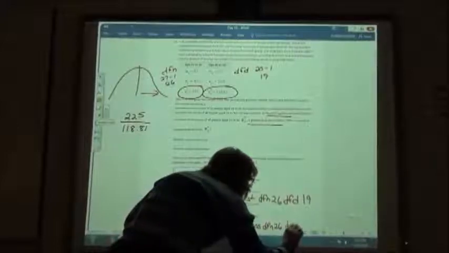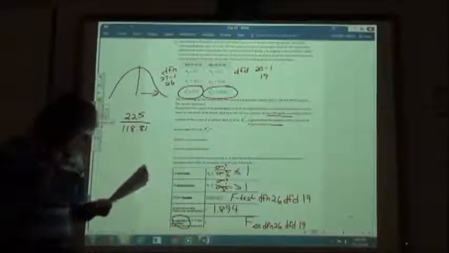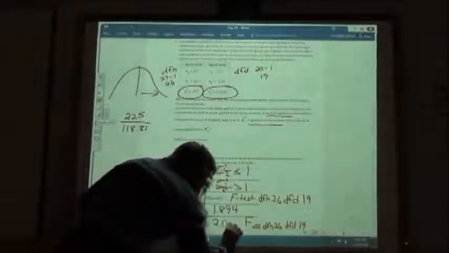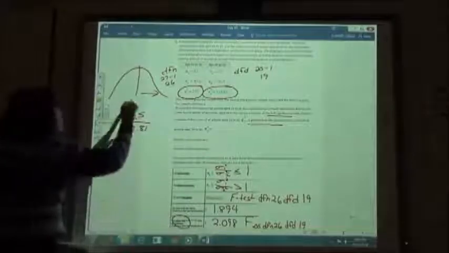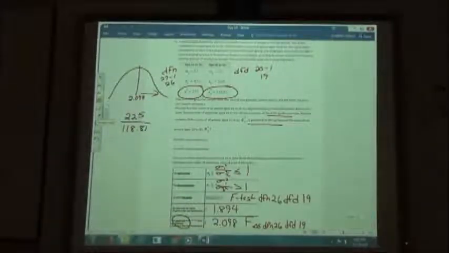So 0.05, degree of freedom in the numerator of 26, degree of freedom in the denominator of 19. 2.098 is our critical value, which divides our normal curve in two parts.